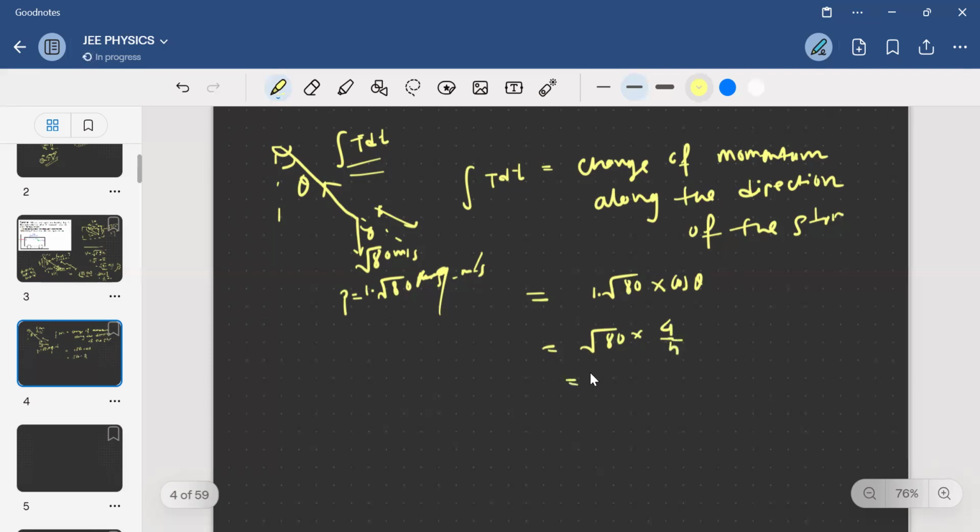So root 80 into 4 by 5 gives 16 by root 5 kg meter per second. That is the impulse developed. That is the answer to the first part of the question.